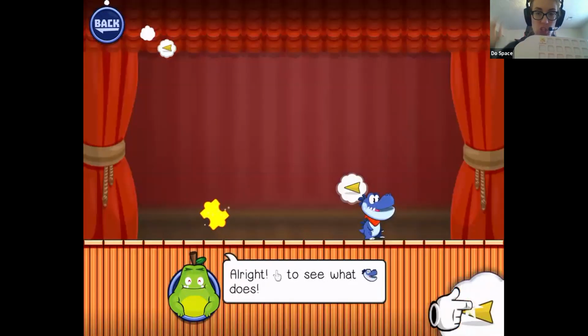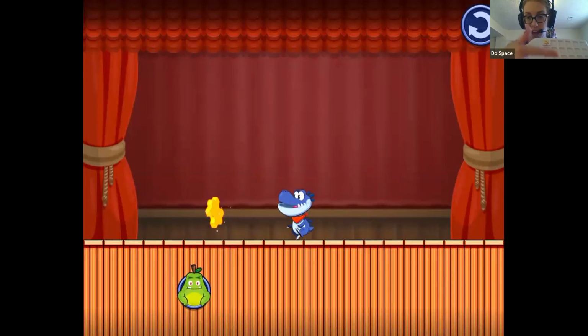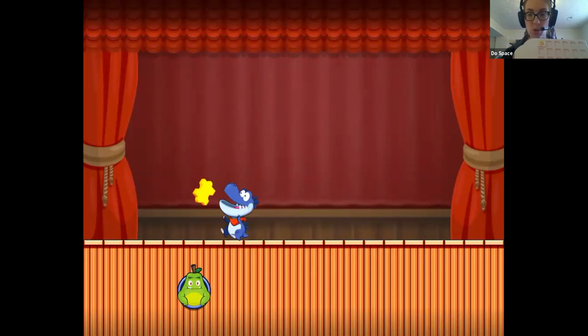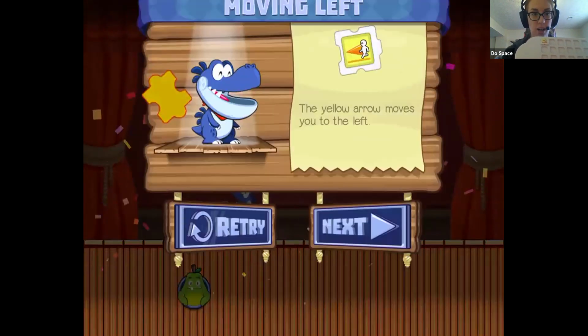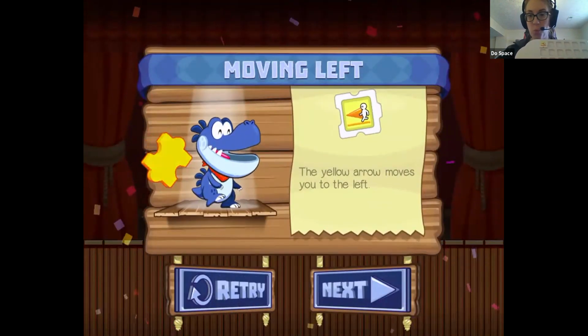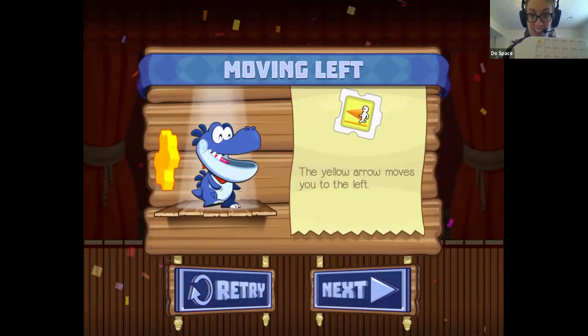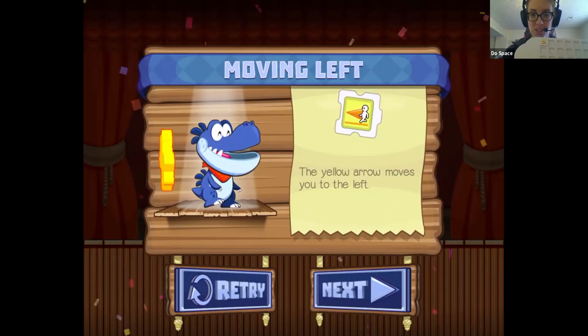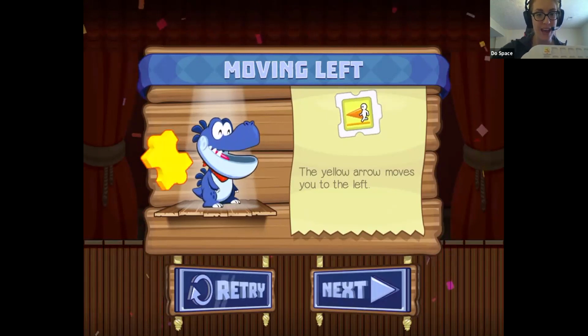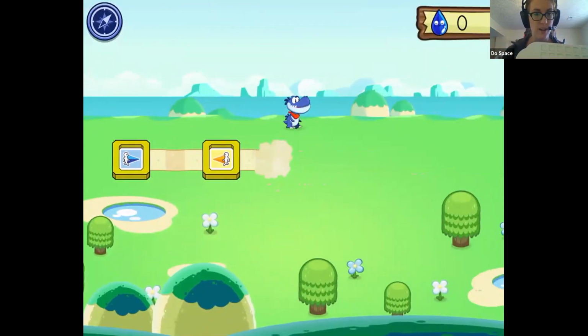If I put this in the tray, I'm going to go the other way. I'm going to go to the left. I moved to the left. So if I put the right tile in, then my dinosaur friend moves the correct way. Okay. Let's see what else we can do.